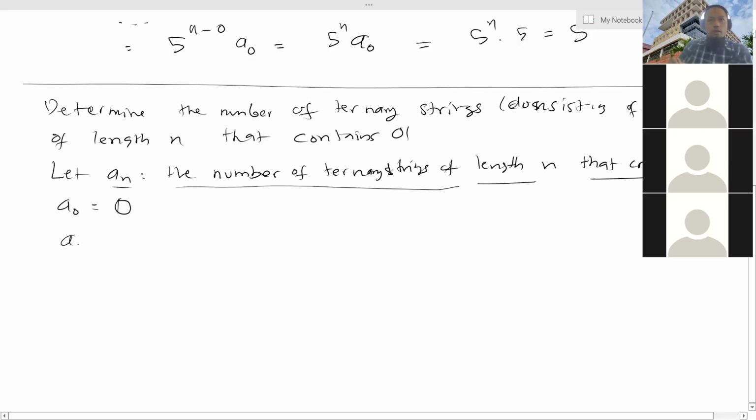So what about a_1? Shafiko, what do you think? How many ternary strings of length 1 contain 0, 1?